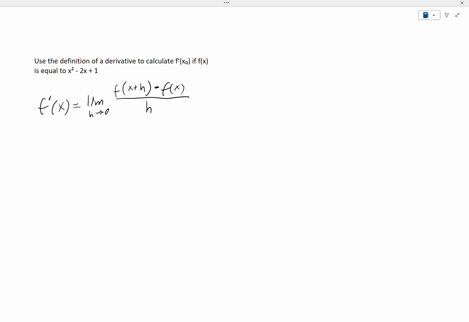So we're going to be using this definition in order to find the derivative of x squared minus 2x plus 1, and we're finding that derivative at x naught. Okay, so I know that f of x is equal to x squared minus 2x plus 1.